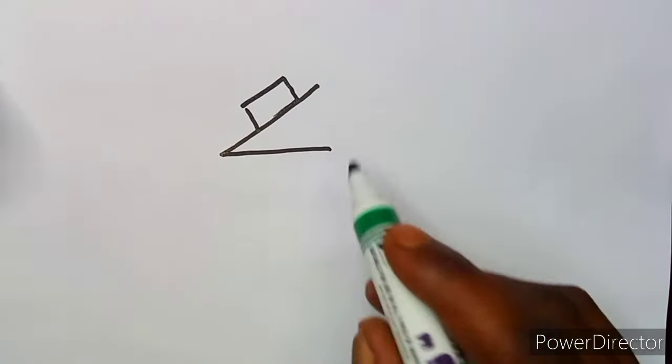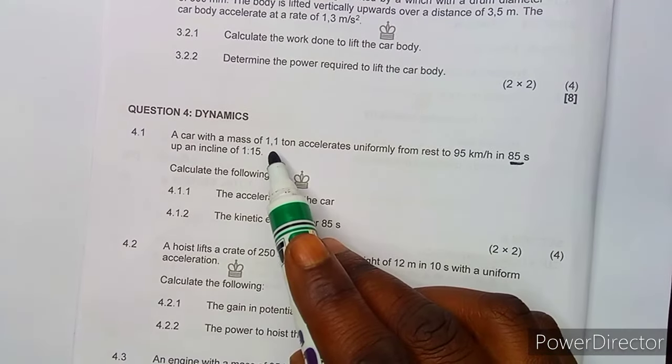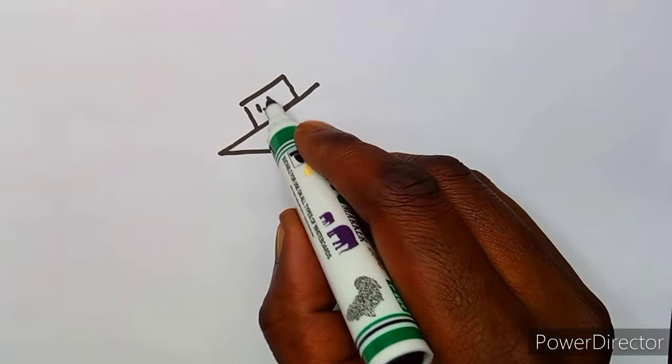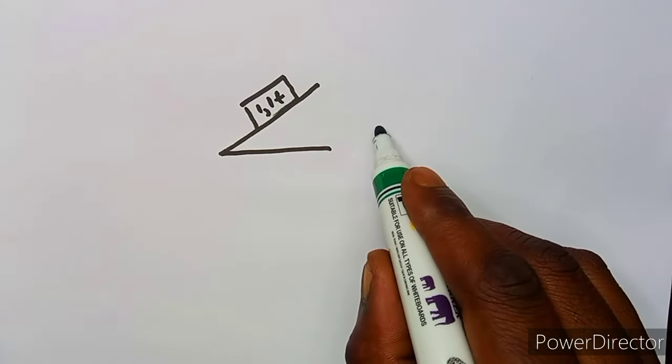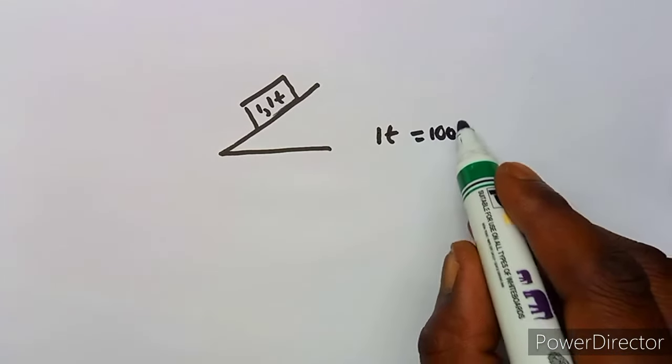So we are given something like this, an incline, and we have the mass, which is 1,1 ton. We are supposed to convert this mass to kgs. So how are we going to convert this? We know that in a ton we have 1,000 kgs.